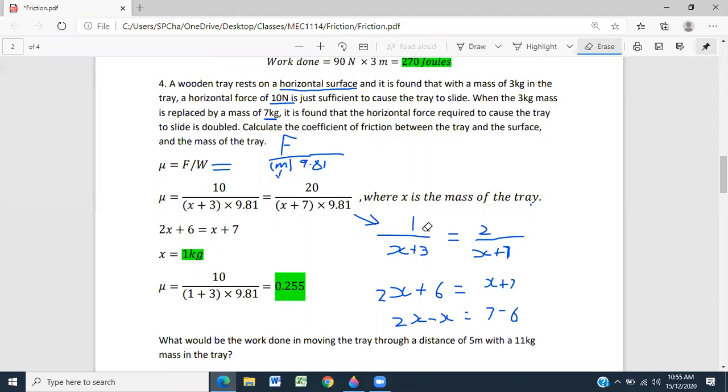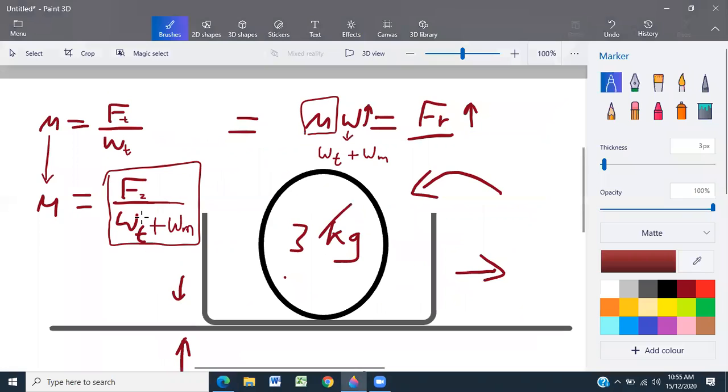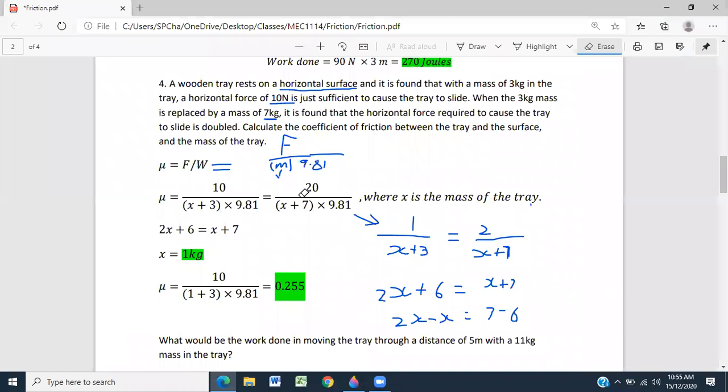Or you could say here weight plus weight is some mass, mg, plus this mass, mg. Factoring out g, the gravitational constant, we get the mass plus the mass times g. Then you round 9.81 to 10 and cancel it out.